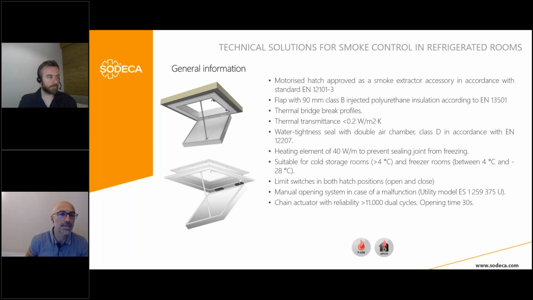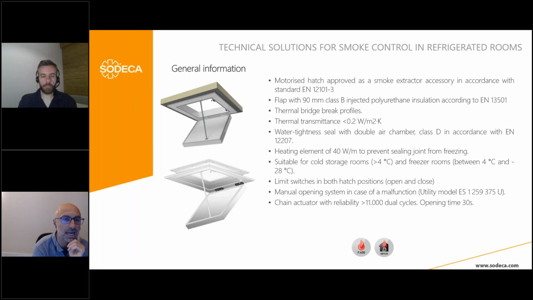It is a flap with 90 millimeters Class B injected polyurethane insulation according to EN 13501. It has thermal break profiles. Also, the thermal transmittance is less than 0.2 watts per square meter Kelvin. It has a watertightness seal with double air chamber, and it is Class D in accordance with EN 12207.